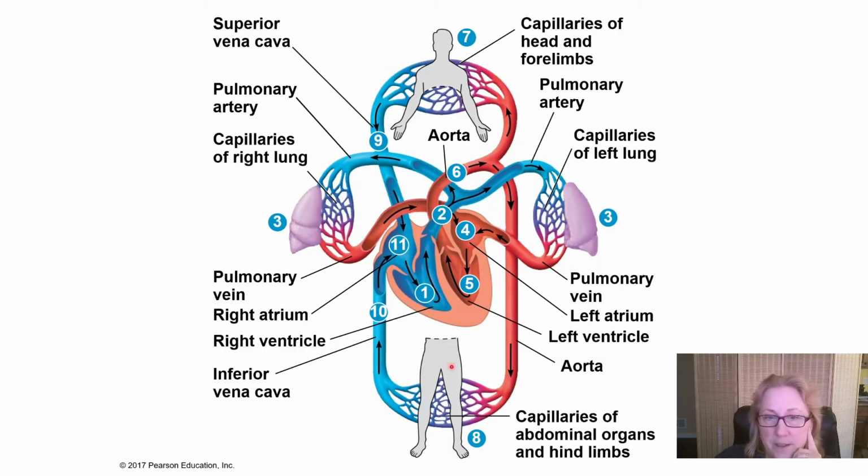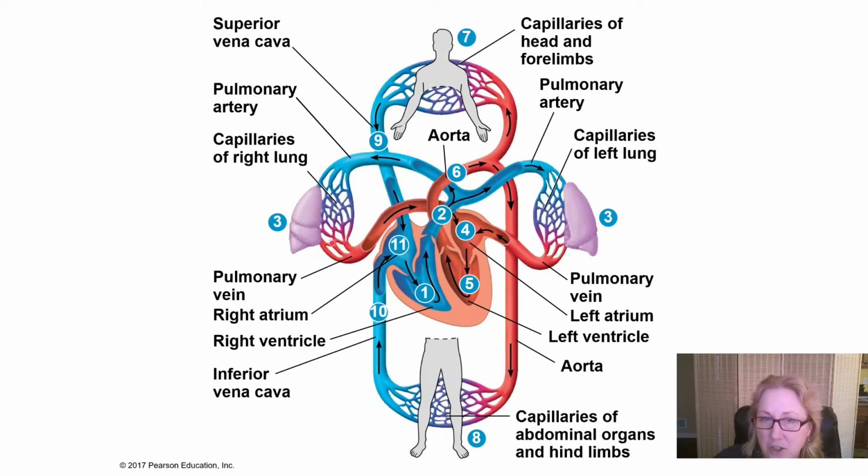So here's what mammals and birds have. We have a little person here, but really all mammals have this kind of circulation, not just humans. If you follow the little numbers here, it shows you where the blood goes. If we start in the right ventricle with the deoxygenated blood that has just returned from the systemic circulation, that blood is pumped through the pulmonary artery to the lungs.